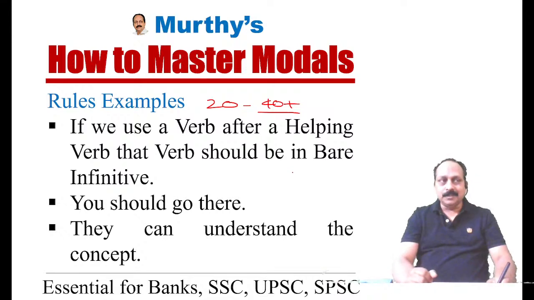There are so many uses, so many functions, and these are extremely useful in formal communication as well as informal communication. I said some rules are also there. These are very important from the communication skills point of view and also from the exam point of view.